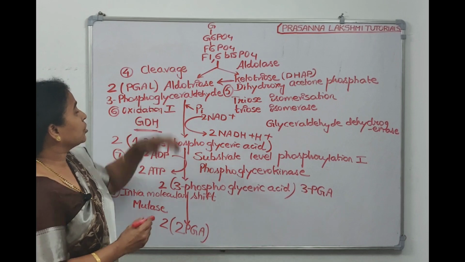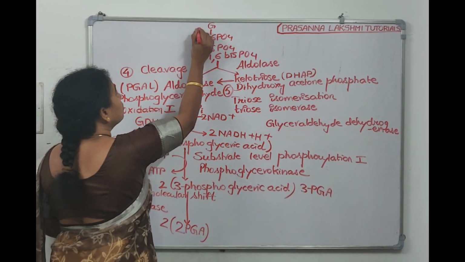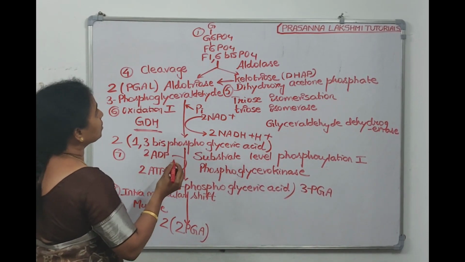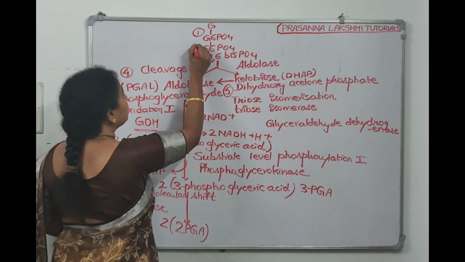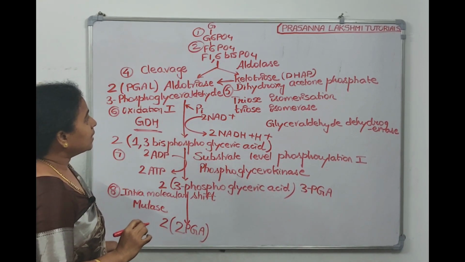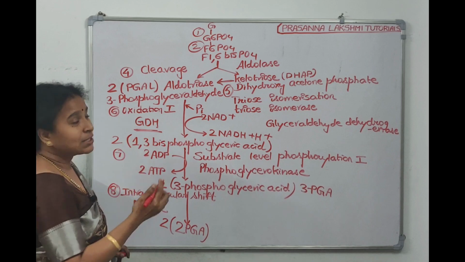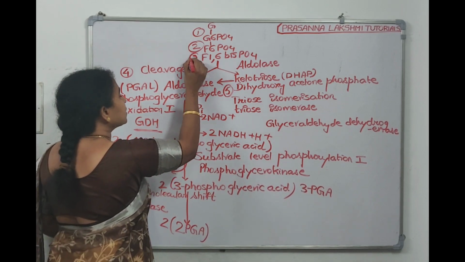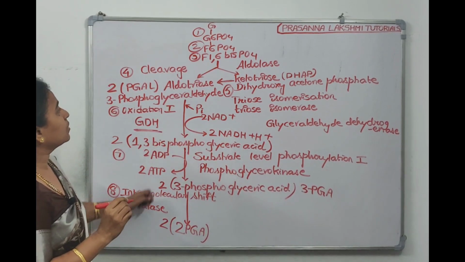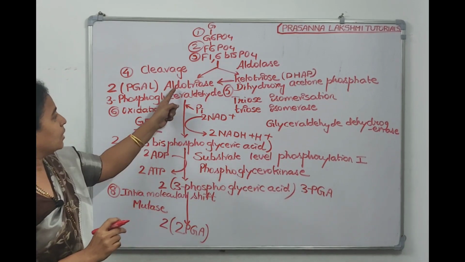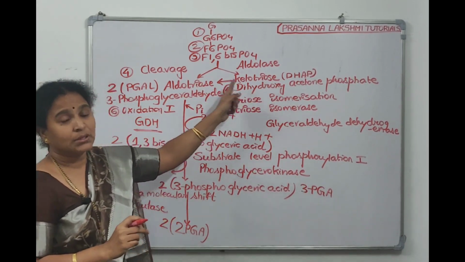So the first reaction is conversion of glucose to glucose 6-phosphate. Second reaction is conversion of glucose 6-phosphate to fructose 6-phosphate. Third reaction, conversion of fructose 6-phosphate to fructose 1,6-bisphosphate. Fourth reaction, cleaving the fructose into aldotriose and ketotriose, cleavage.